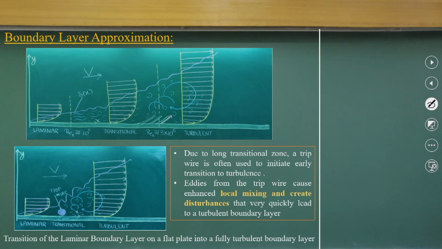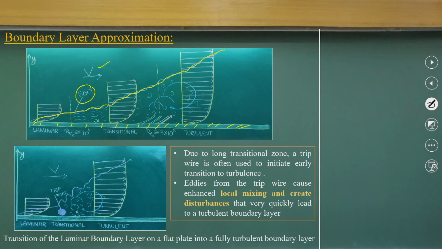Let me draw the figure, which is very interesting. If you have a free stream velocity V, and this is the plate, as we are considering symmetric boundary layer conditions, the flow comes in, and this is delta x, the boundary layer thickness, which is increasing along this, and this is the boundary. You can look at it as it comes to the turbulent region.